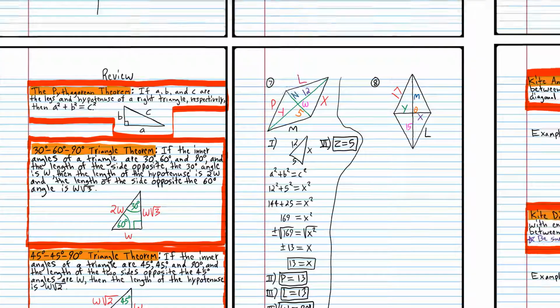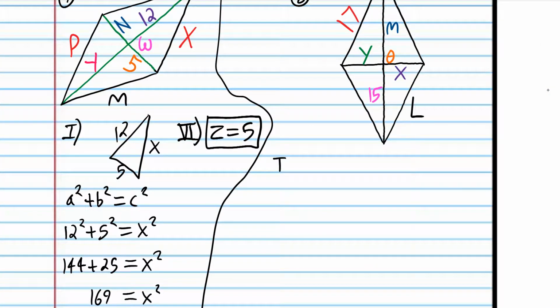All right, we're back. So theta is 90 degrees because of the first theorem that we learned. Diagonals in a rhombus are perpendicular. And let's see here.